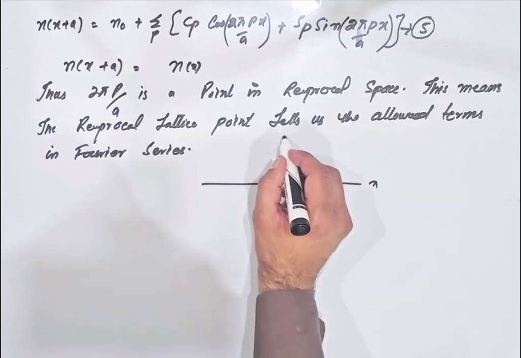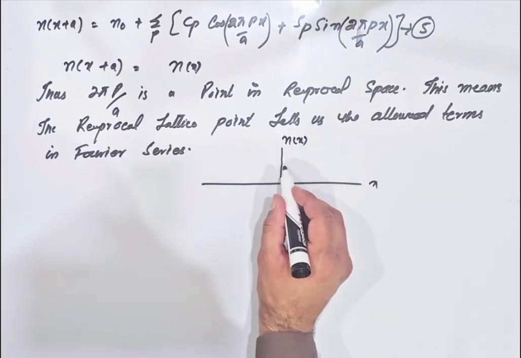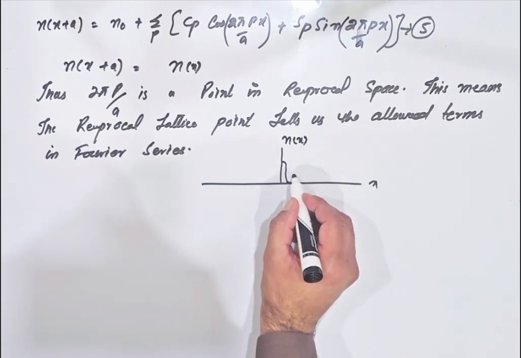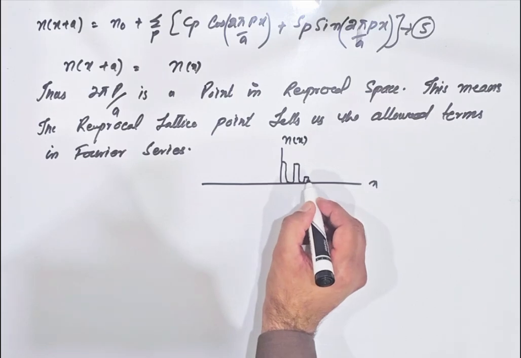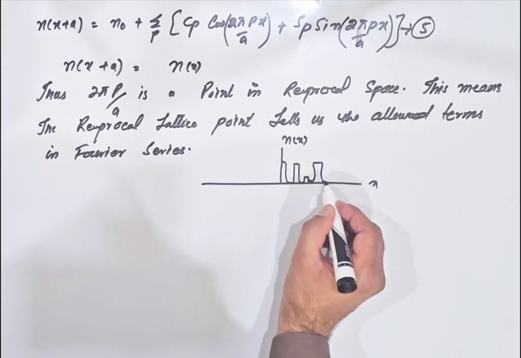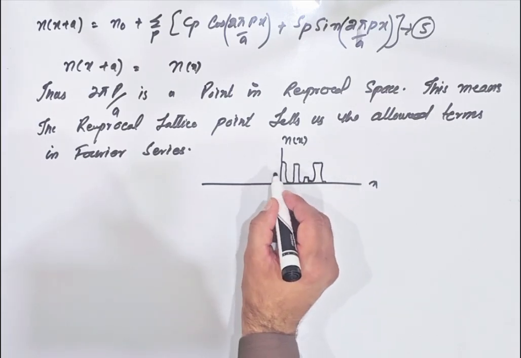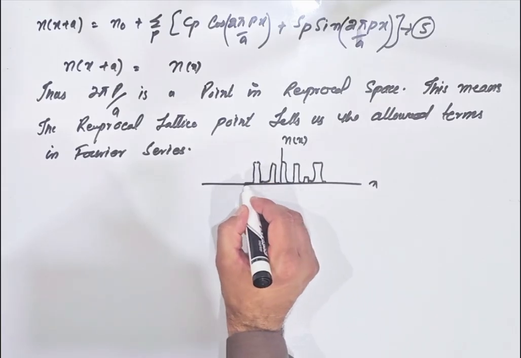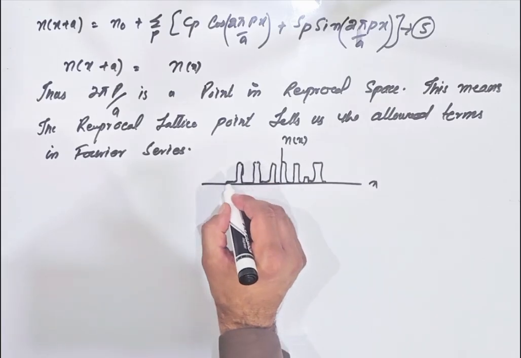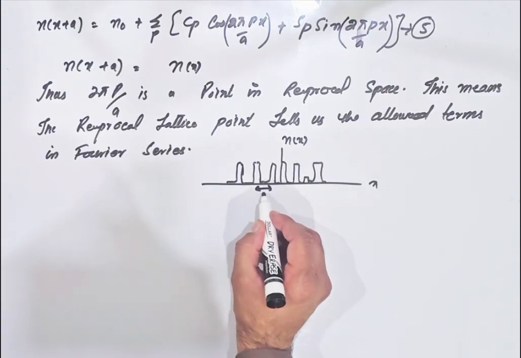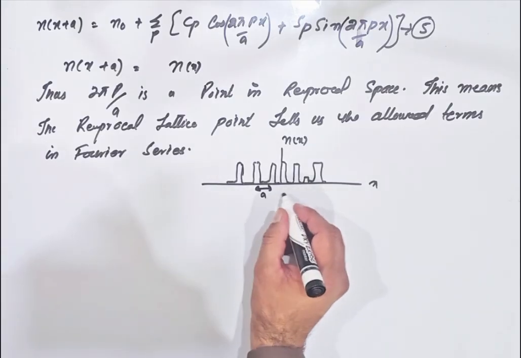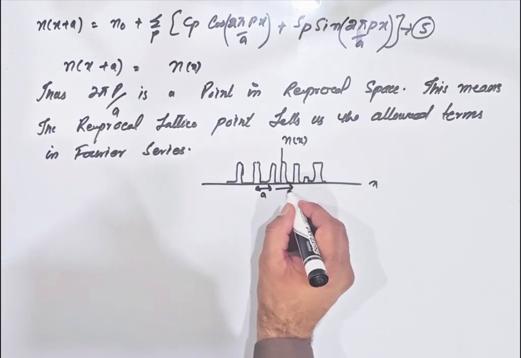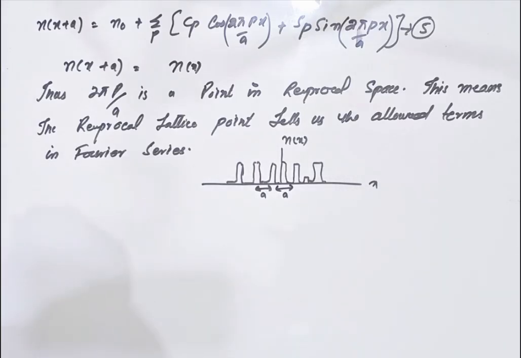This is x and this is n(x). So the periodicity for the electron number density can be defined in this manner. Here, this is the periodic arrangement and the periodic spacing is a.